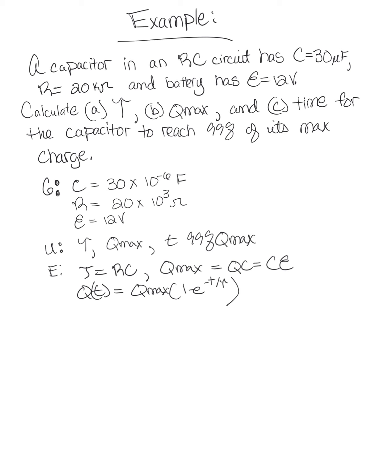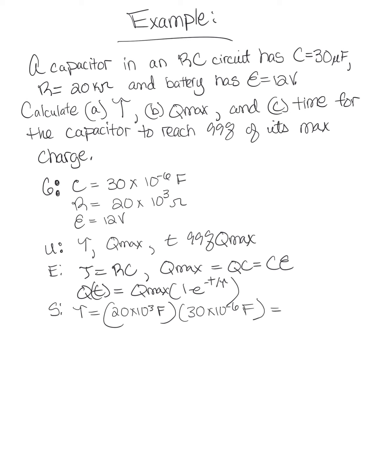Okay, the next part of our method is the S, which is to substitute in values that we know. So we have that tau equals RC. Well, we know that R is 20 times 10 to the 3 ohms, times C, which we have as 30 times 10 to the minus 6 farads.